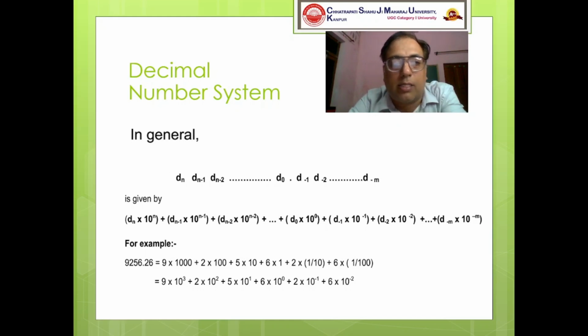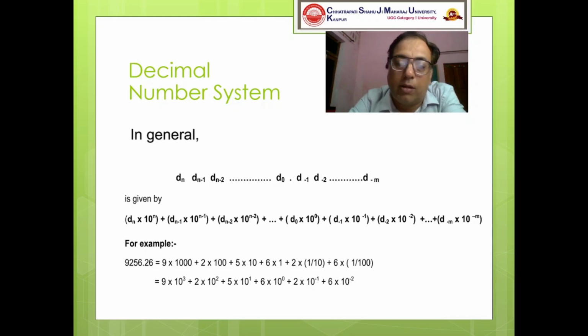Now this number's value can be given as d_n into 10 to the power n, because its radix is 10, plus d_(n-1) into 10 to the power n minus 1 plus d_(n-2) into 10 to the power n minus 2 plus so on up till d_0 into 10 to the power 0.